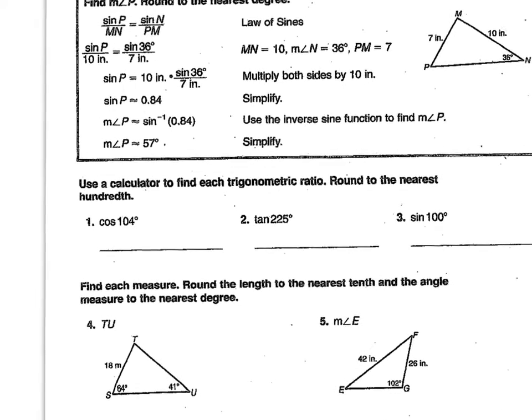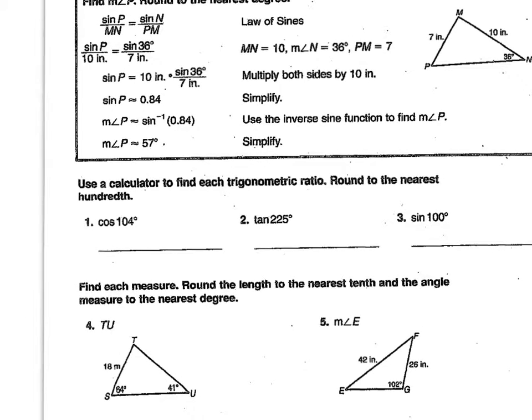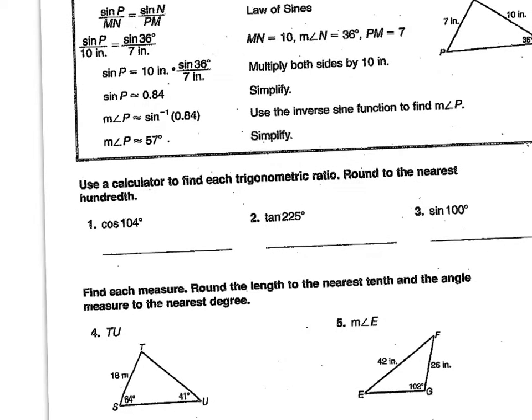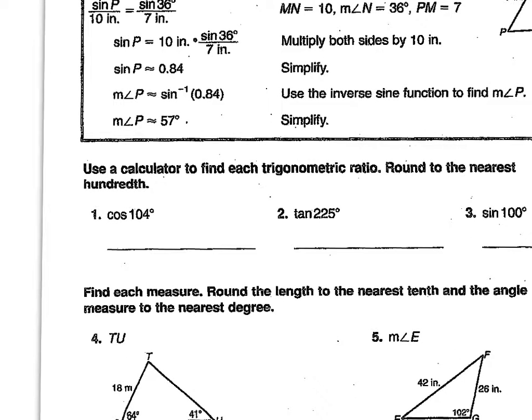Now let's get the values of the first three problems using the calculator. Let's find the cosine of 104. Notice that here we're getting negative values, and that's okay.